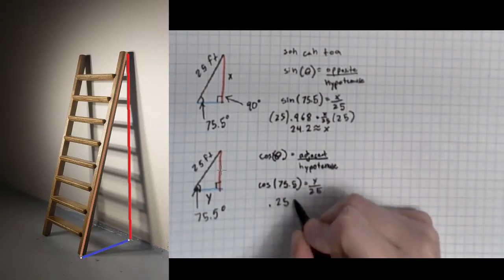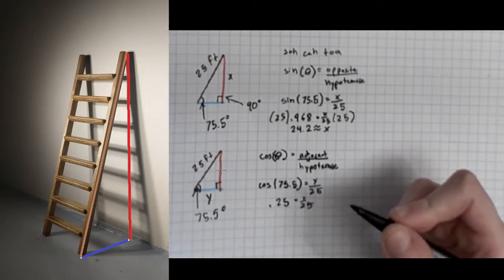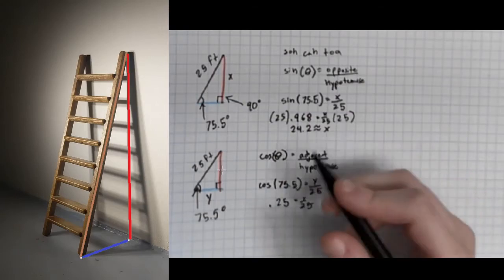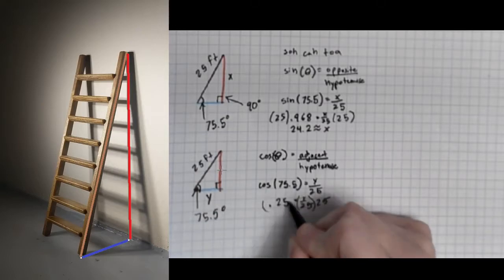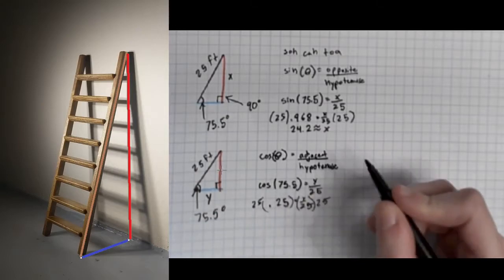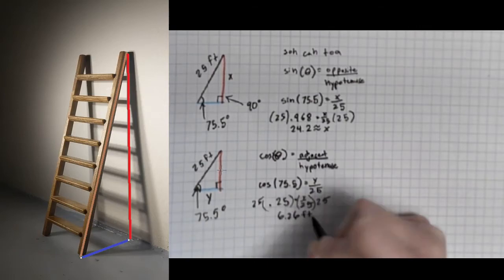So 0.25 equals y over 25. And so we're going to multiply both sides by 25, and we're going to get approximately 6.26 feet.